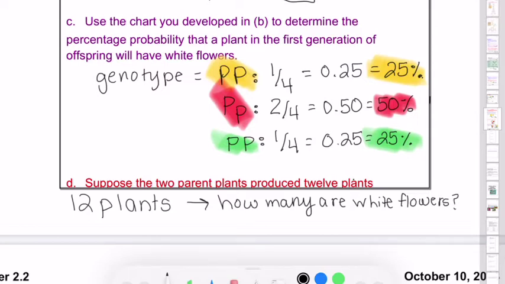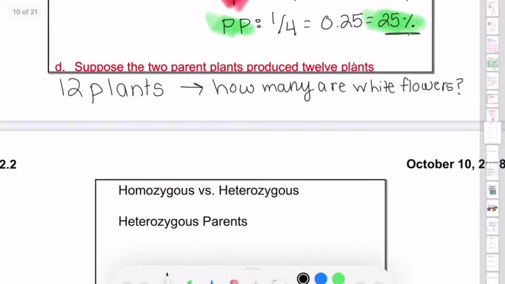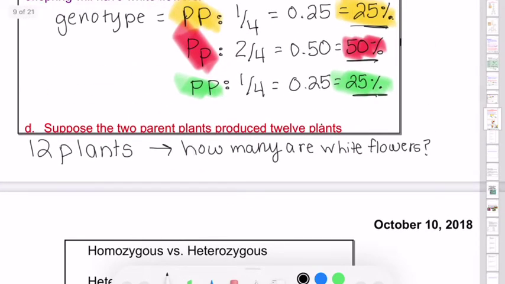Okay, so the easiest way to do this is, now that we've got our percentages, we can just convert that to basically how many it is out of 12. So if we have 12 plants, how many are white flowers?